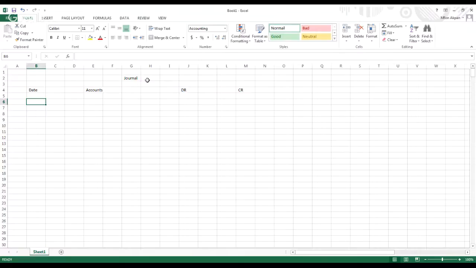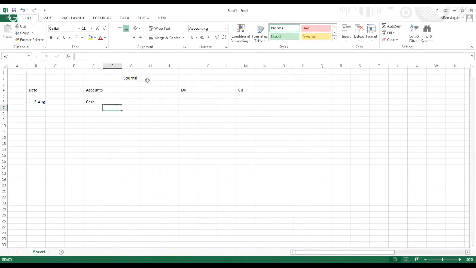So when we look at the whole problem, it lists out the transactions and what needs to be posted. So the first thing that we need to do is get the date. So we've got August 5th, and we've got cash.